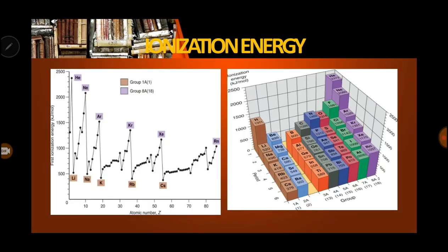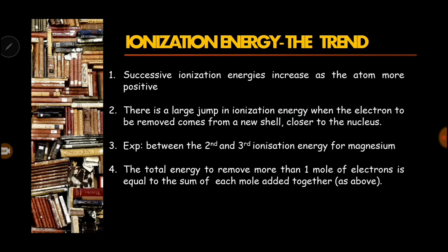In terms of ionization energy, you are looking at the periodic table here. Some of the elements have certain irregularities in their tendency to lose electrons, like boron and nitrogen. You can see a large jump here. They have a reason for that, and you can check the notes given to you.